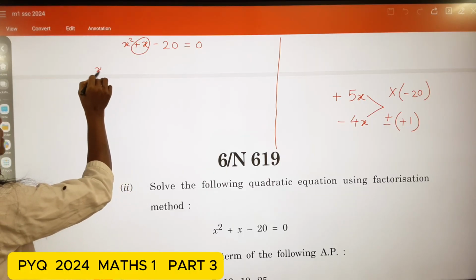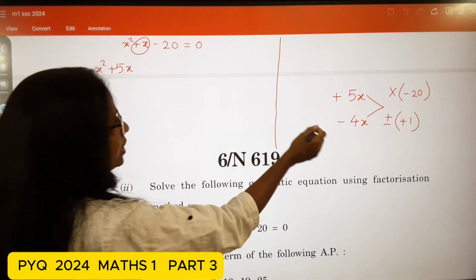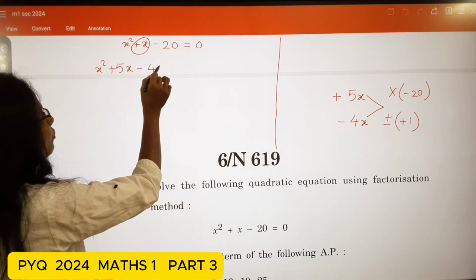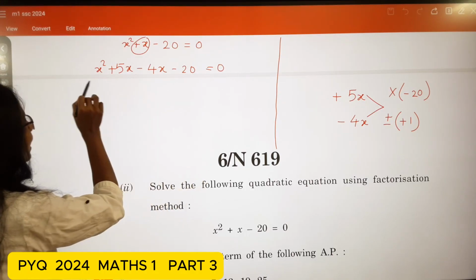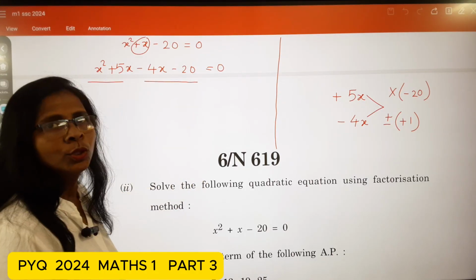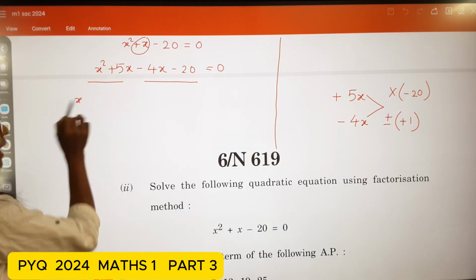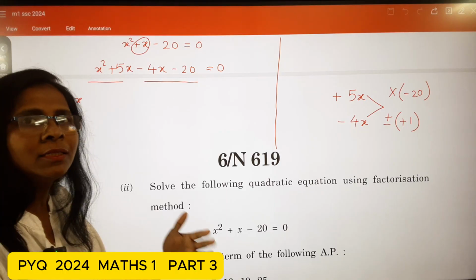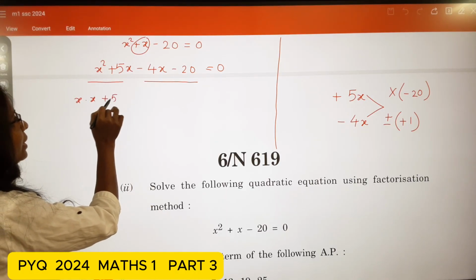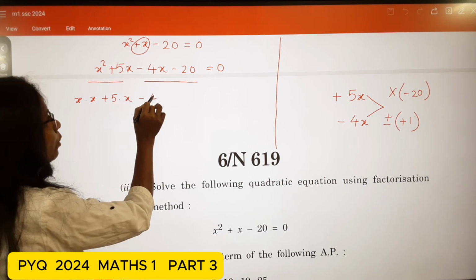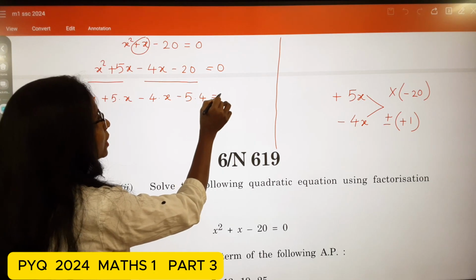So here x square plus 5x minus 4x minus 20 is equal to 0. Now I make the group of these two, and then factorize here. Then, the easiest method, that is x multiply x plus 5, minus 4 multiply x minus 5 multiply 4 is equal to 0.